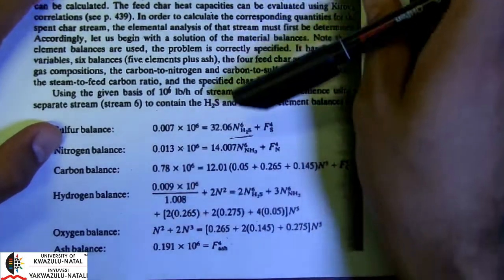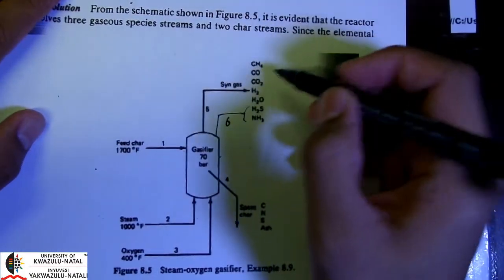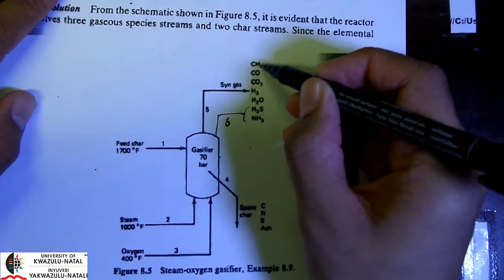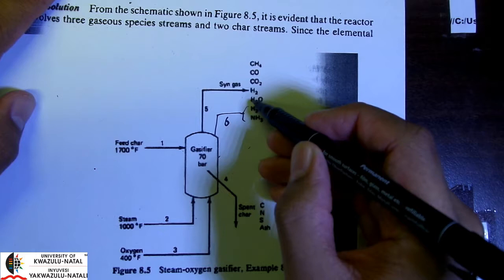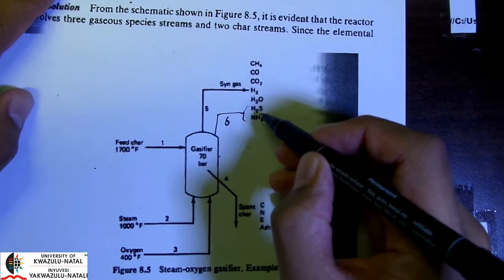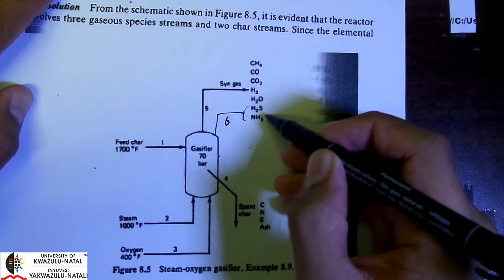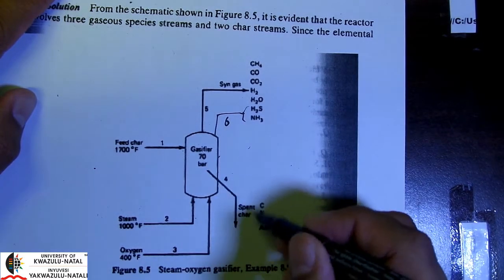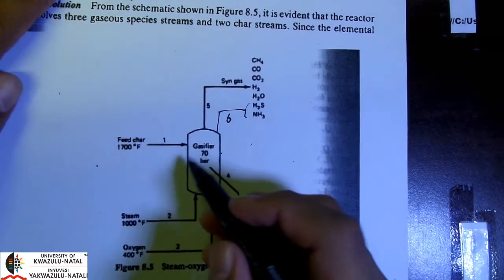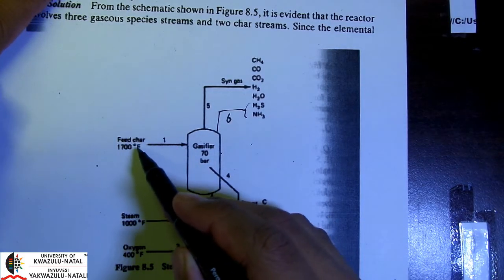In terms of my hydrogen, I have 4 moles of hydrogen in 1 mole of methane, 2 moles of hydrogen in hydrogen gas, 2 moles of hydrogen in water, 2 in H2S, and 3 in NH3. So there's no hydrogen in the spent char. And now on this side, I have hydrogen in the feed char.